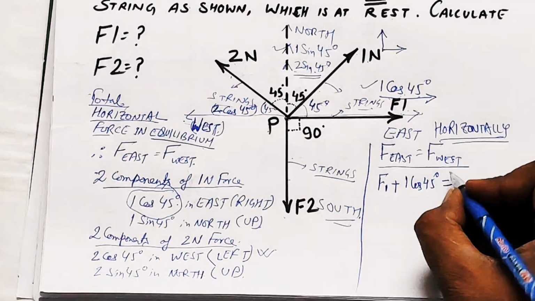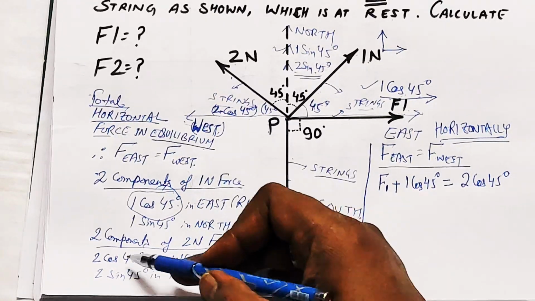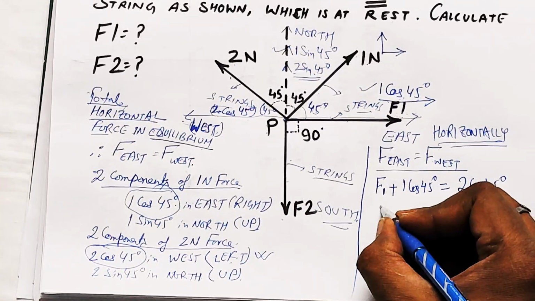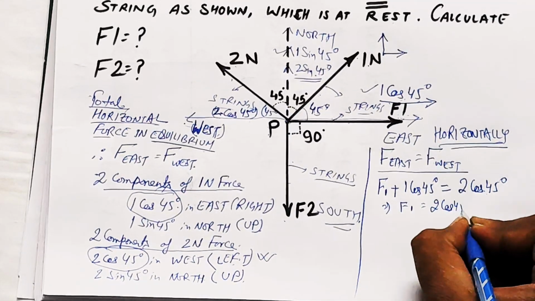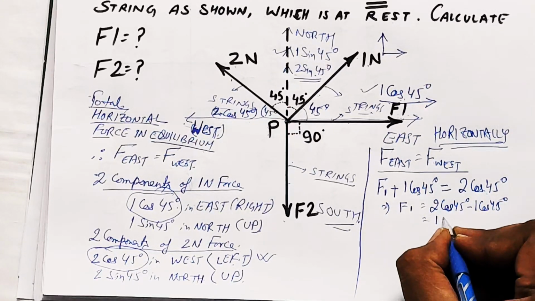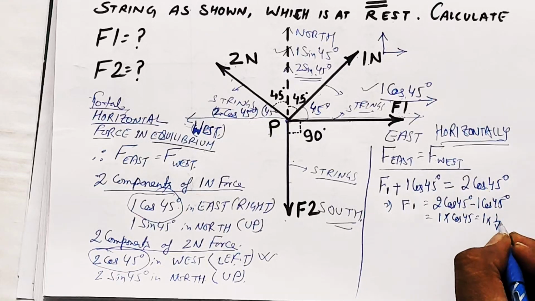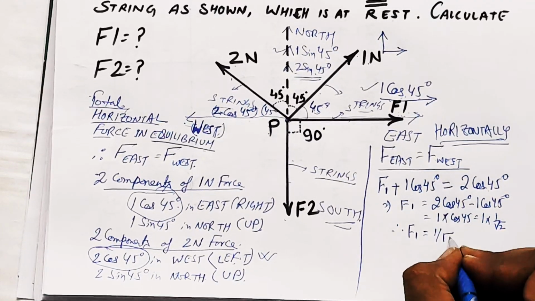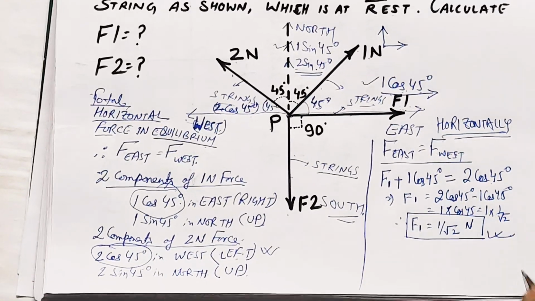Similarly, the force acting into the west is the horizontal component of the 2 Newton force acting towards minus x, or west. This is the only force, nothing else. Solving this equation, and knowing that cos 45 is 1 by root 2, we get F1 as 1 by root 2 Newton. So this is our answer for F1.